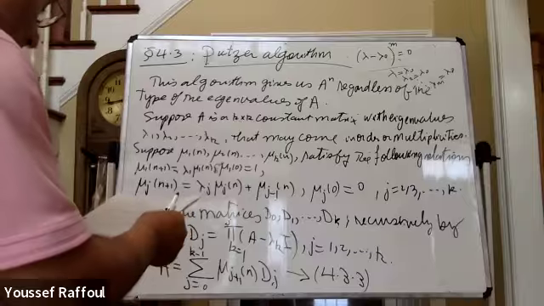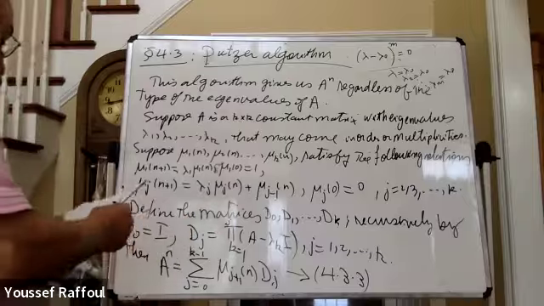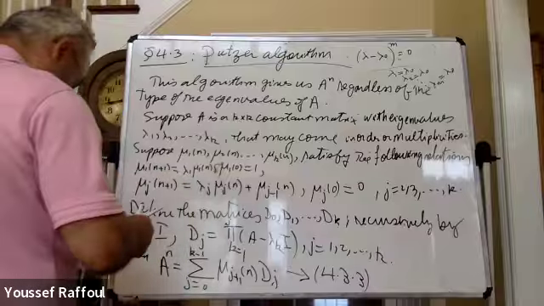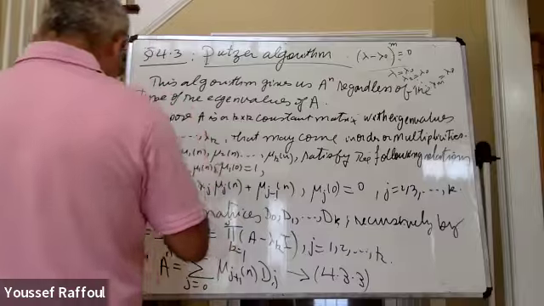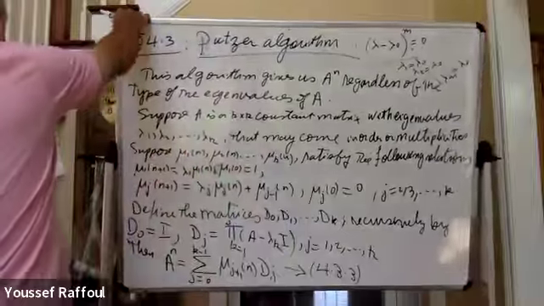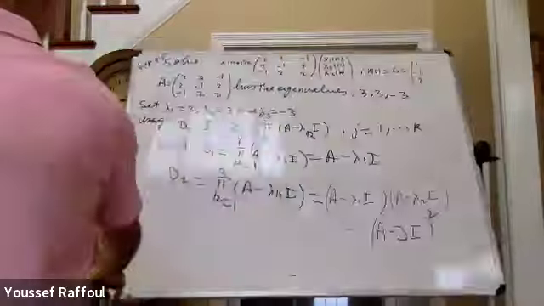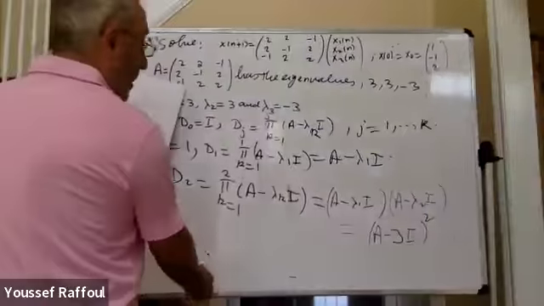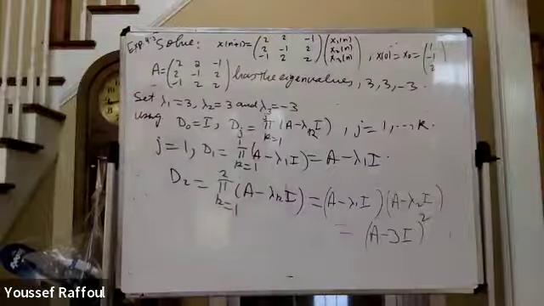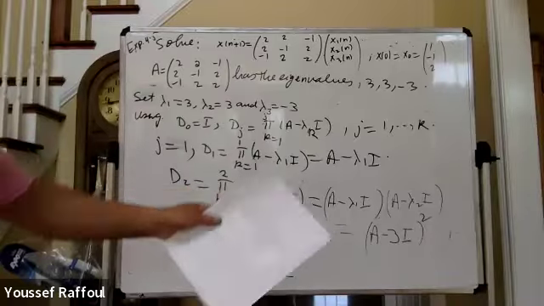So this is our D_j. So we need to compute them though. Okay, so we know A minus lambda 1 I. We can do that. D0 is I, D1 is A minus lambda 1 I, and then D2 is (A minus 3I) squared.